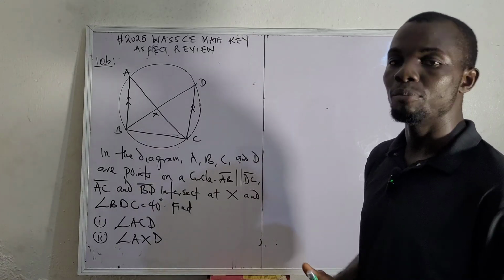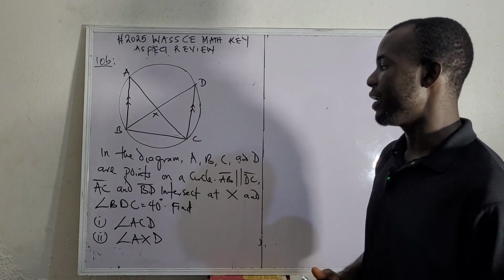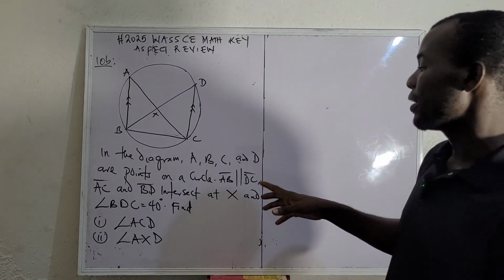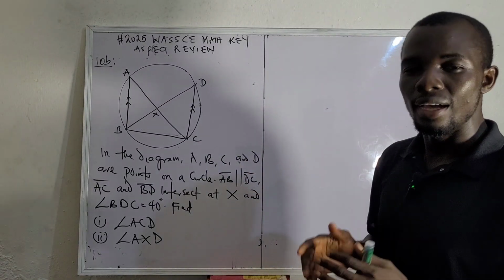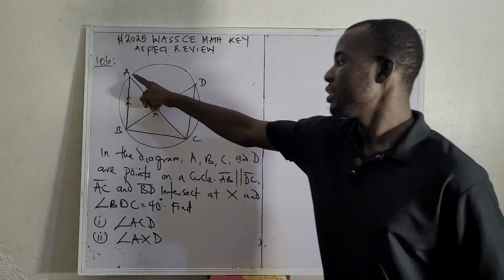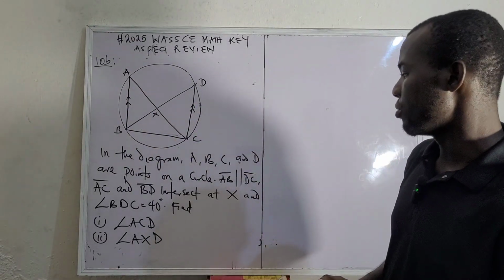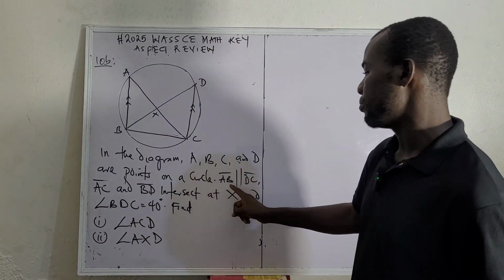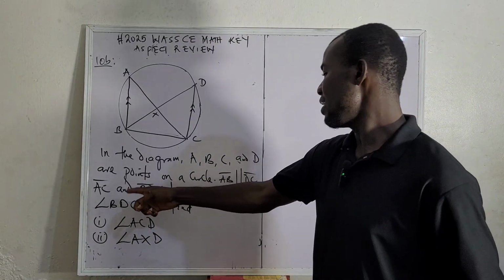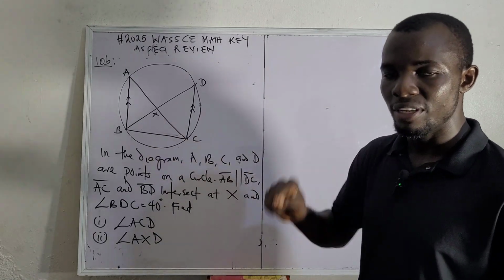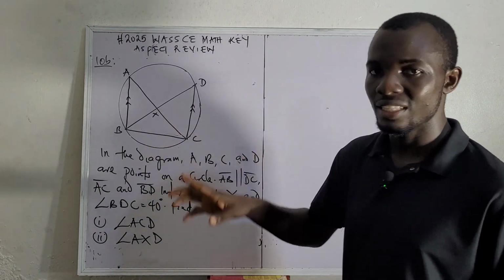So this is another question we want to tackle. It is question 10b, and this is what we have. In the diagram, A, B, C, and D are points on a circle, and AB is parallel to DC. Very important information. AC and BD intersect at X. They didn't mention that X is the center of the circle.